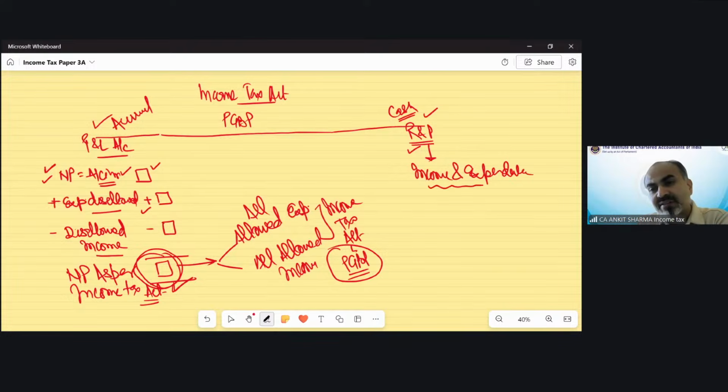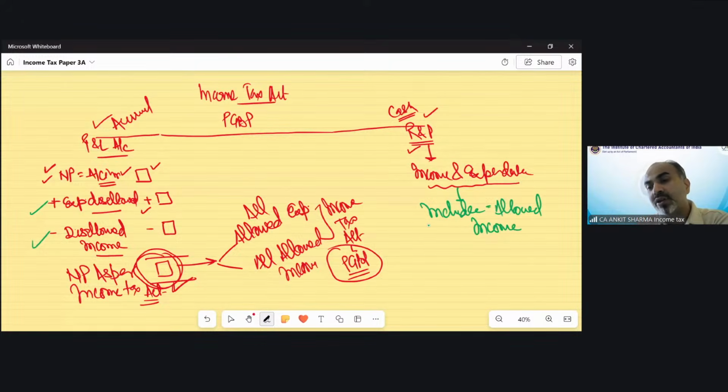And for preparing this income and expenditure account, listen very carefully, we do not need to do this plus minus allowed disallowed scenario. We have to follow a specific procedure. We have to find out only those incomes that are allowed as per income tax.